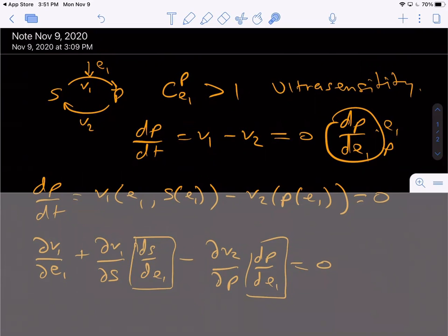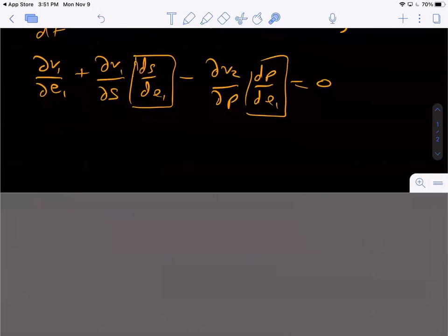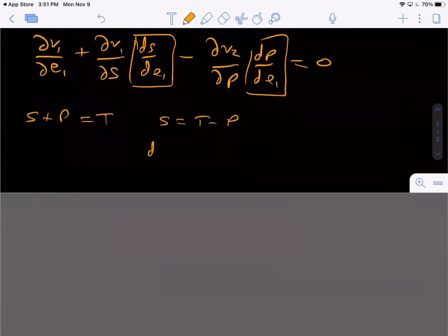So I can safely say that the sum is a total, T. If I rearrange that, I get S equals T minus P. I can differentiate that with respect to E1, and I get dS by dE1 equals 0, since T is a constant, minus dP by dE1. So I can take this term and substitute it into there.